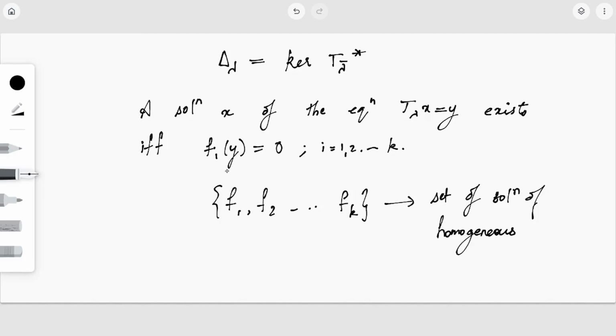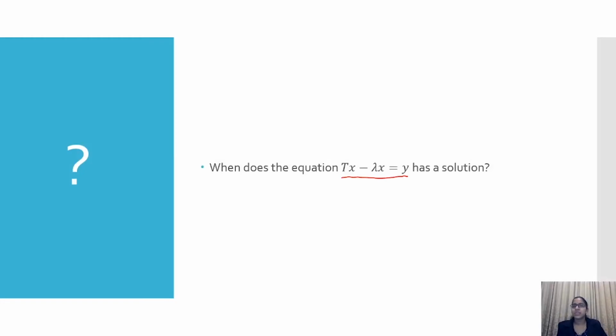So if we can find the value of y, then we can find the value of x corresponding to this condition. This is how we can find the solution of the problem we were discussing, that is, when does the equation T of x minus lambda of x equal to y have a solution.